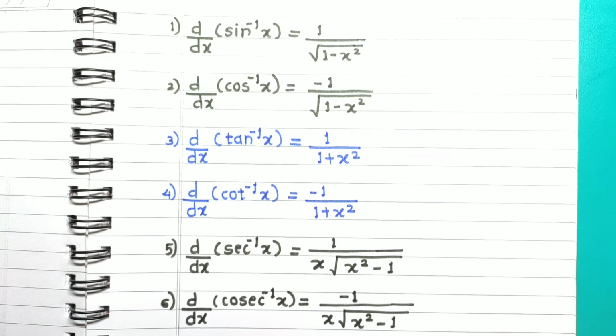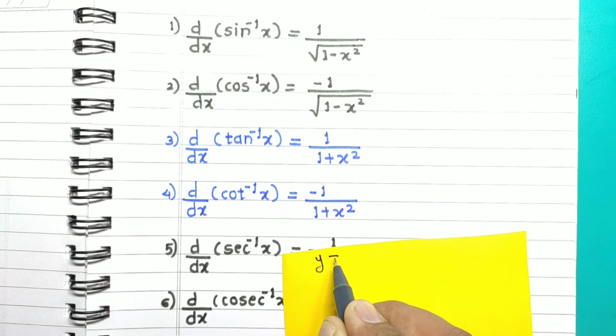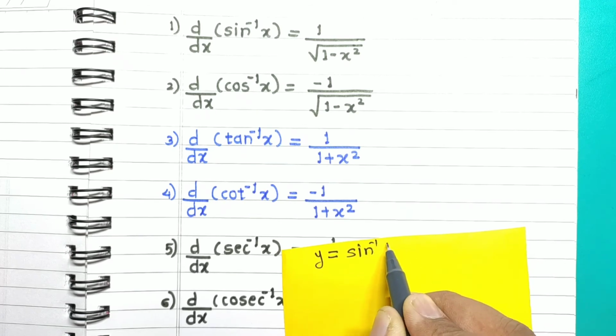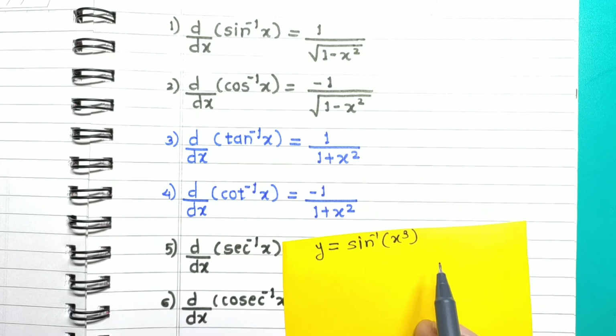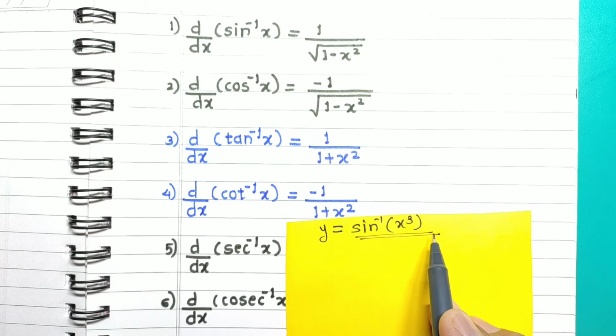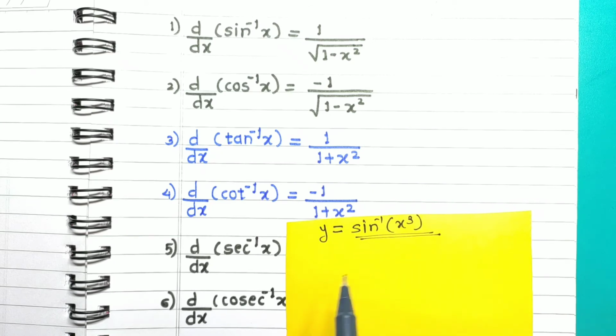Students, here we are going to use chain rule again for the derivatives of standard inverse trigonometric composite functions. For example, if we have y is equal to sine inverse of x cube, you can easily observe that it is an inverse trigonometric composite function. So here we have to use chain rule to differentiate this function.